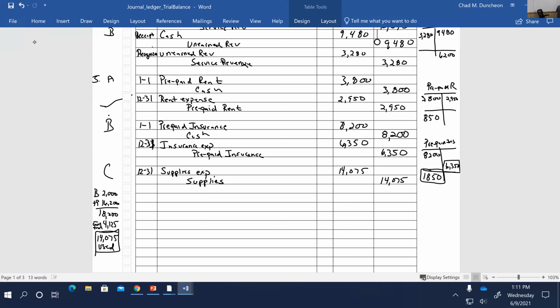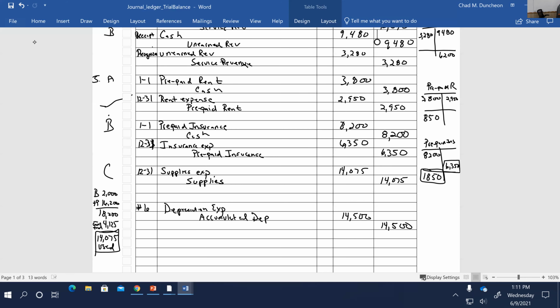So if we were going to journal this, number 6, we have depreciation expense, and in our contra account, accumulated depreciation, in the amount of $14,500. And that is something that would have to be done at every year end. That same entry would be made.